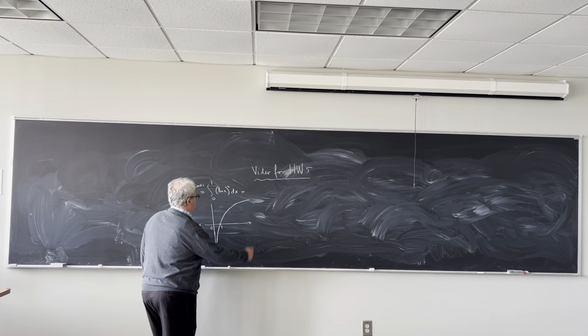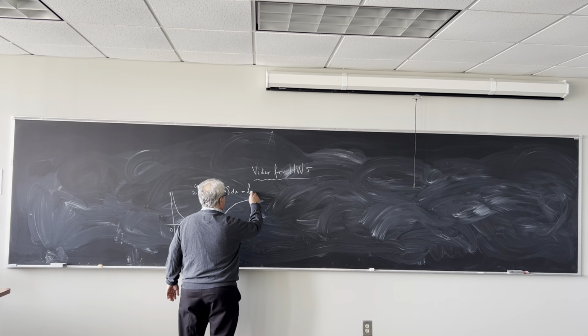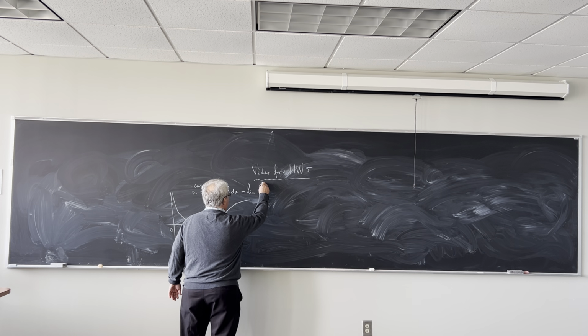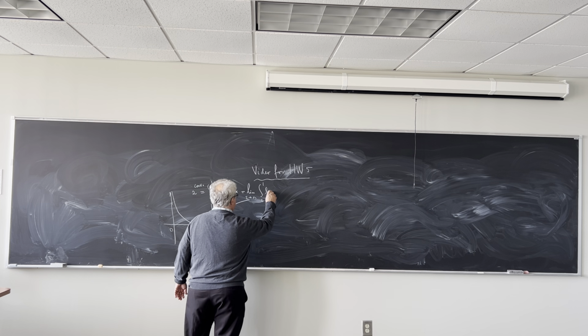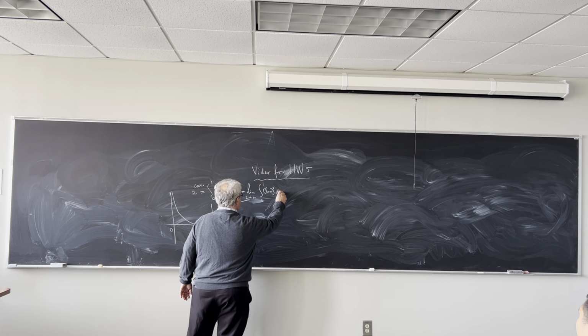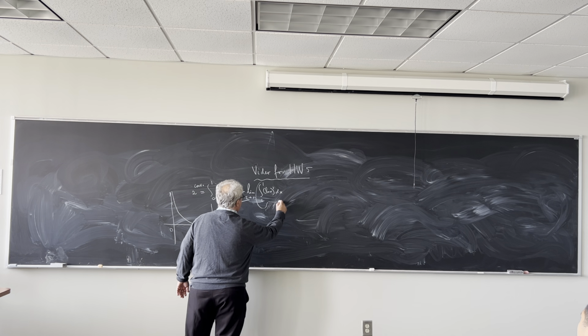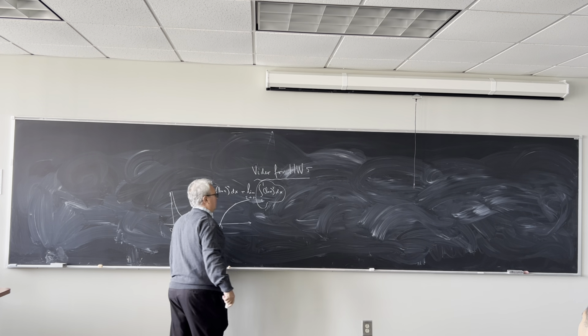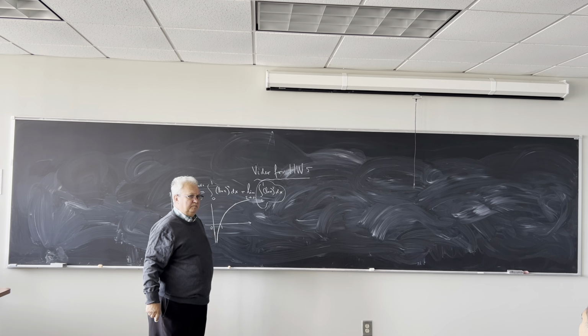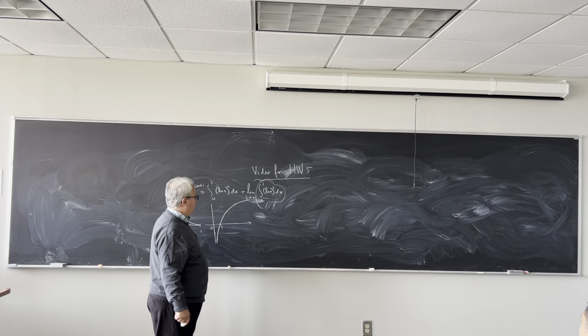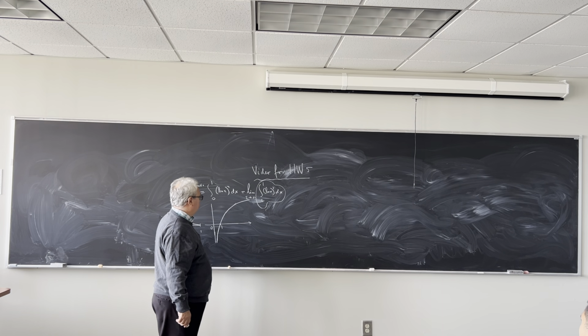So in other words, this, by definition, is the limit as epsilon goes to 0 of the integral from epsilon to 1 of ln of x squared dx. So what we need to do is compute this antiderivative, and evaluate it from epsilon to 1, and then let epsilon go to 0.